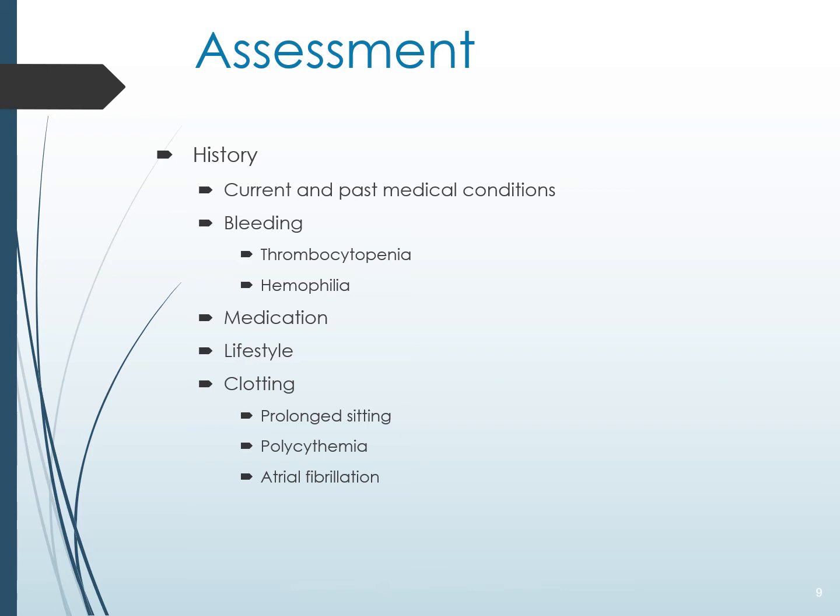Patients with bleeding problems may report bleeding in many forms and from various areas of the body, including nosebleeds, new bruises, black tarry stools, blood from the rectum, which is called hematochezia, blood in the urine, hematuria, blood in emesis, hematemesis, coughing up blood, which is hemoptysis, or bleeding from the mouth.